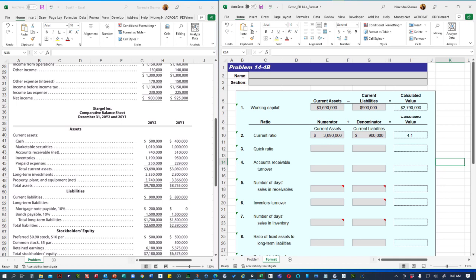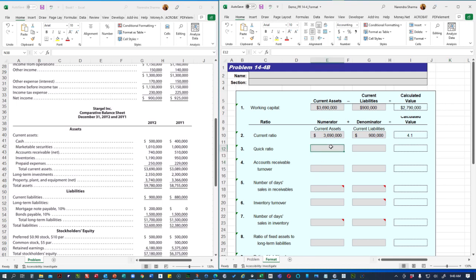Now, in terms of the quick assets, what we'll have to look for is what are the quick assets. Now, as you can see, not all current assets are quick assets. So in the class I had explained to you, or you must have seen in the video lessons, that prepaid expenses and inventories are not considered as quick assets. So we'll be adding up cash, marketable securities, and accounts receivable to get that amount.